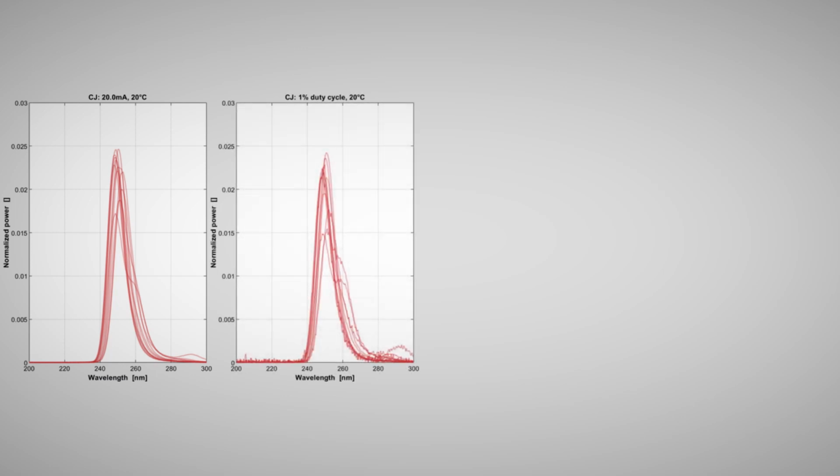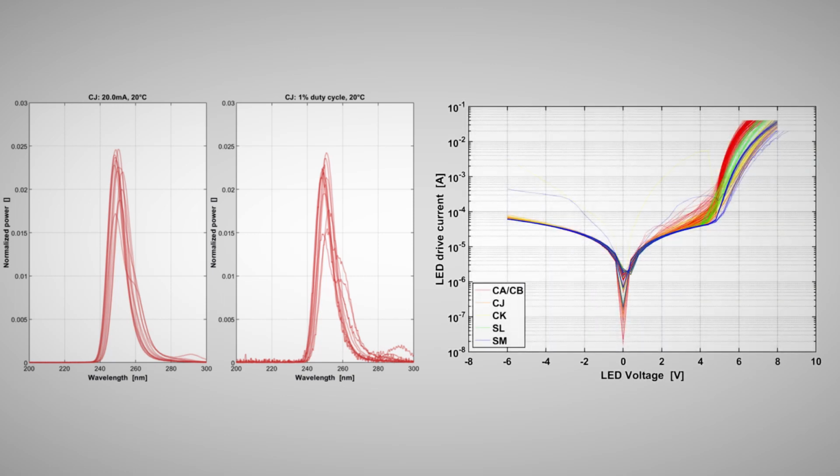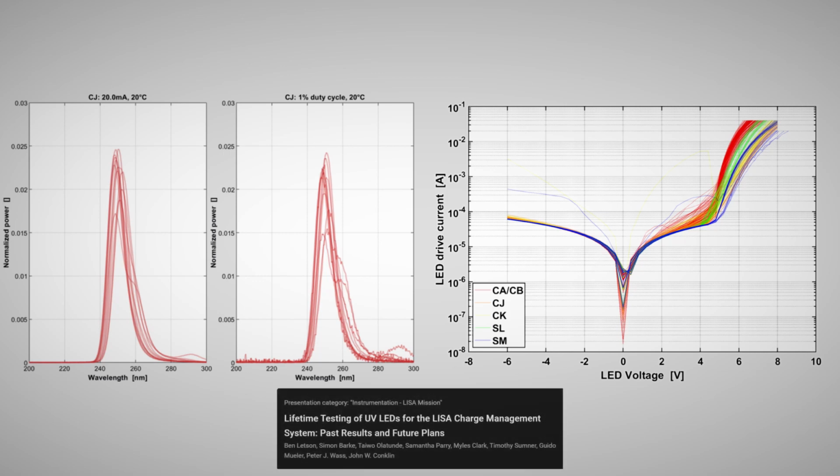When we look at the same batch of LEDs at the same current drive, but at a 1% duty cycle at 100 kHz pulse rate, or 100 nanoseconds, we see that the spectrum barely changes. Shown here is a plot of many UV LEDs from multiple manufacturers and batches, showing the average voltage and currents required to drive them. As I have previously mentioned, if you'd like more information on these guys, see Ben's presentation.